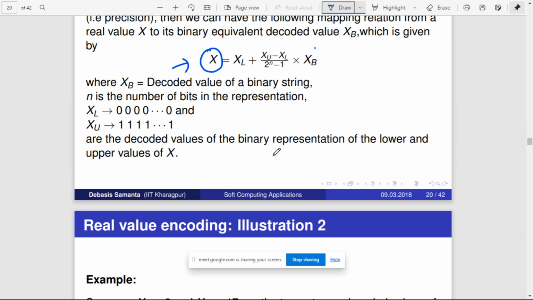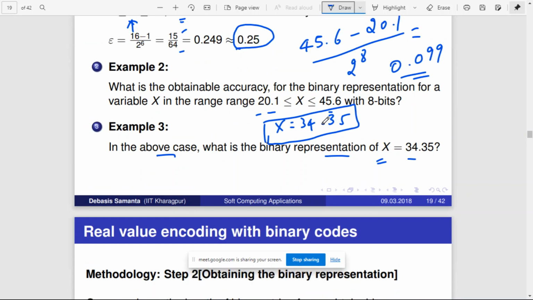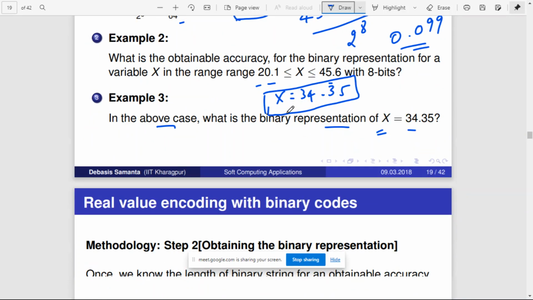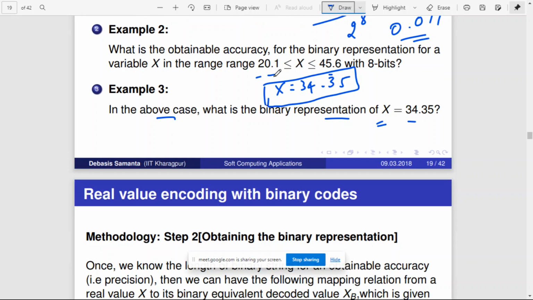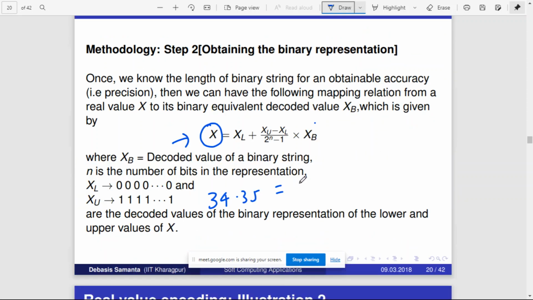In this case, x is 34.35. What is xl? xl is 20.1, plus, what is xu?